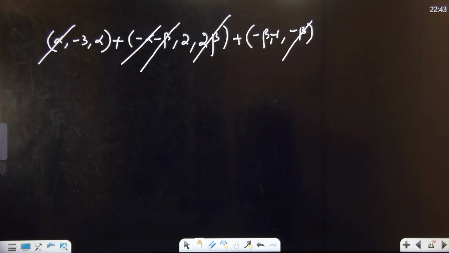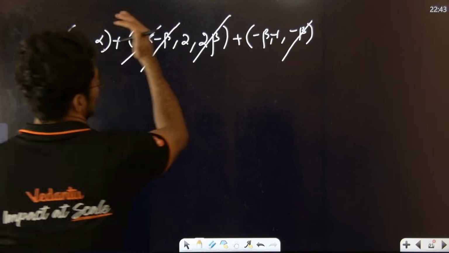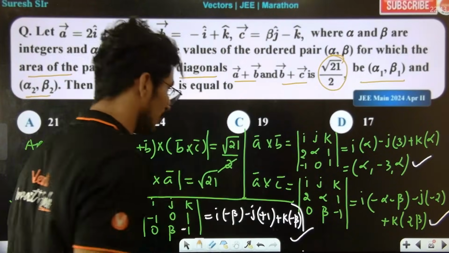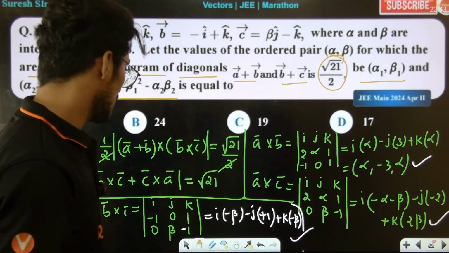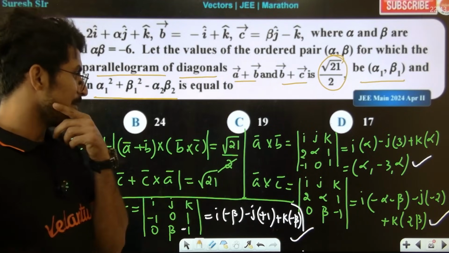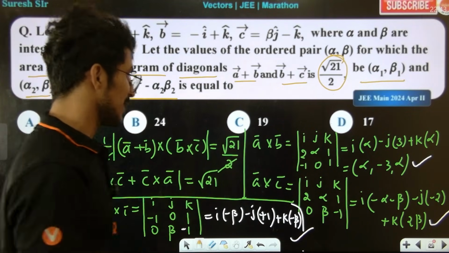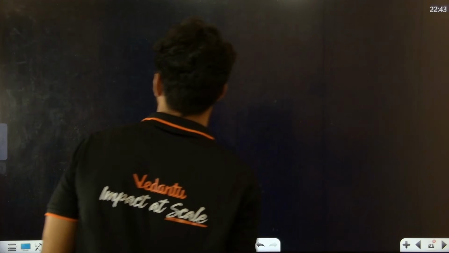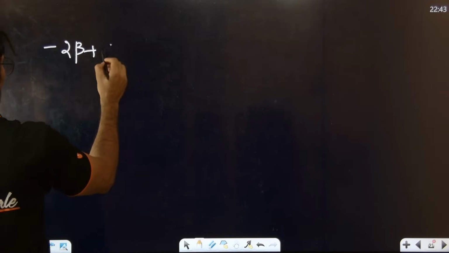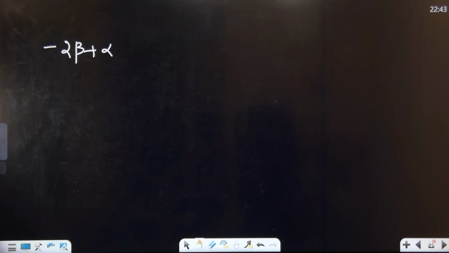I components are 2 times beta. Guys, otherwise we'll do one thing. Let me just simply add I components. What are the I components? Tell me. I components minus beta here, minus 2 beta, correct? Minus 2 beta plus alpha, right? Minus 2 beta plus alpha, correct? Minus 2 beta plus alpha. You agree or not?